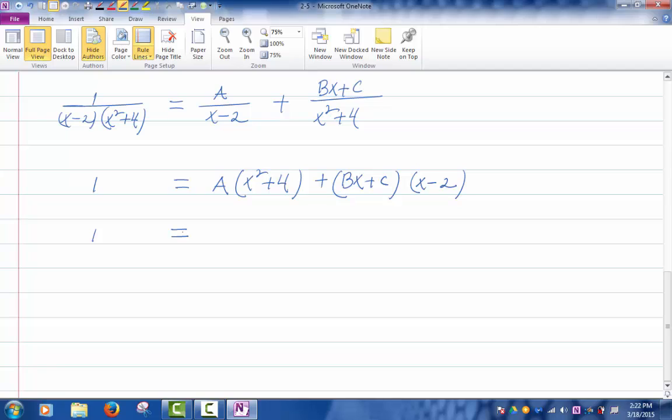x squared, right? So I'm going to think about, okay, what would be the coefficient of x squared if I multiply out everything? From the first term, I see that there's only one way of getting x squared, right? So the only way of getting x squared is a times x squared, right? So I get a.